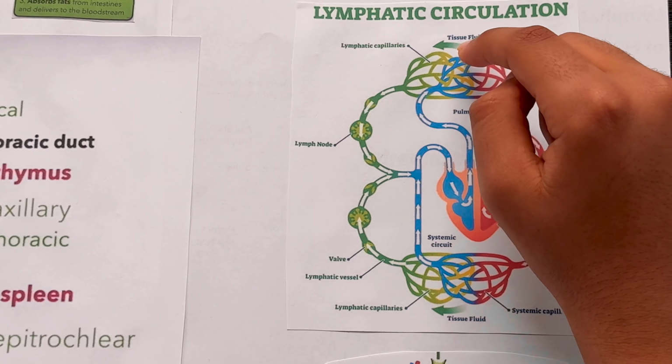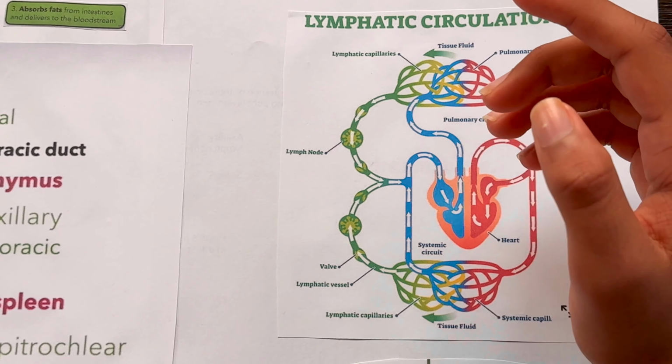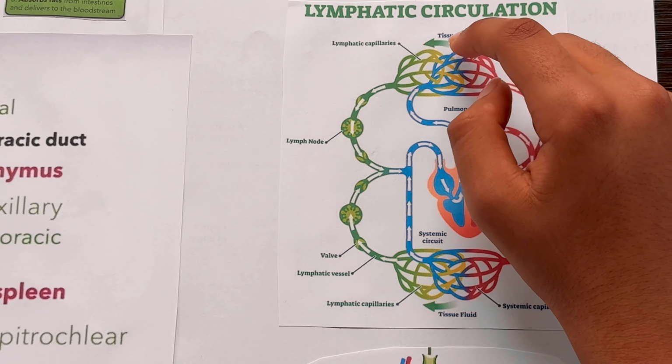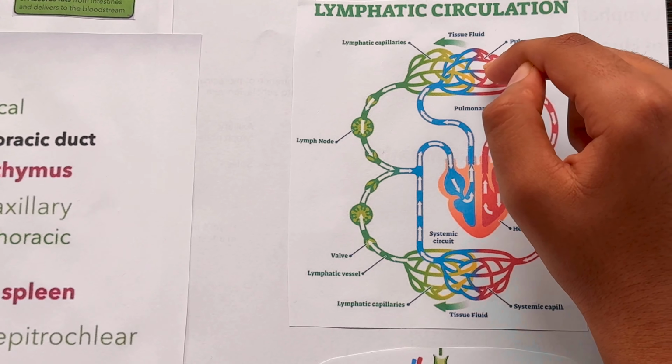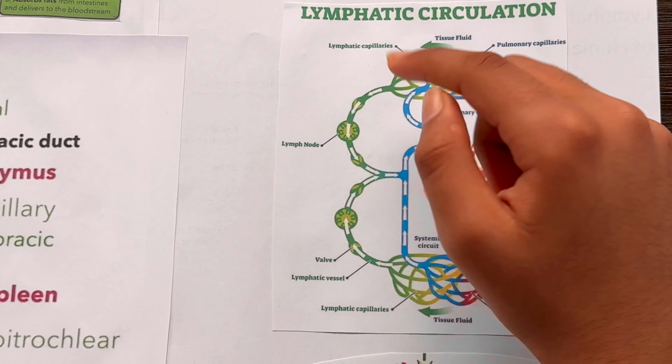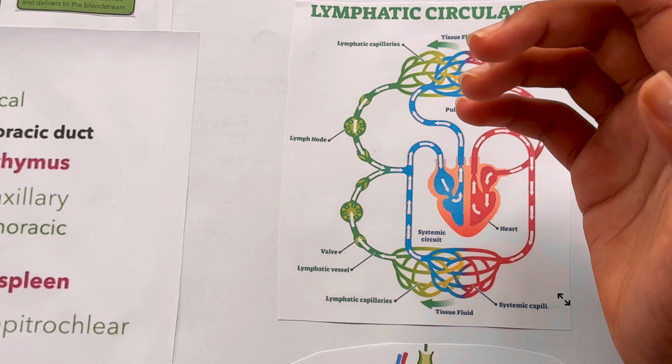Since all of the nutrients are escaping in between the cells, into that interstitial fluid, not all the fluid is coming back into the blood. And because it's not coming back into the blood, the lymphatic system has to clean that mess up to prevent swelling and inflammation.